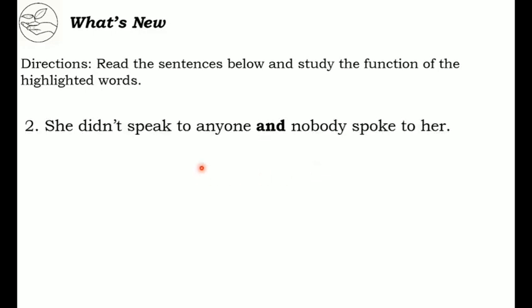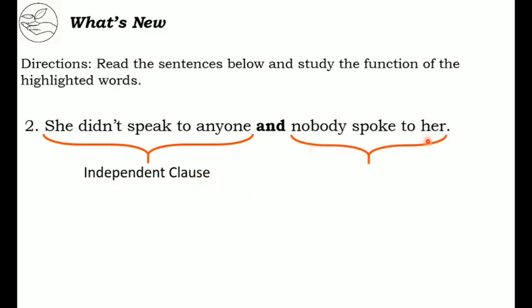All right. Number 2: She didn't speak to anyone and nobody spoke to her. Now, this sentence is also divided into two parts. The first part is also an independent clause, and again, it expresses a complete thought. We have a subject, she, and we have the predicate, didn't speak to anyone. So it is called an independent clause. And the other part is nobody spoke to her.